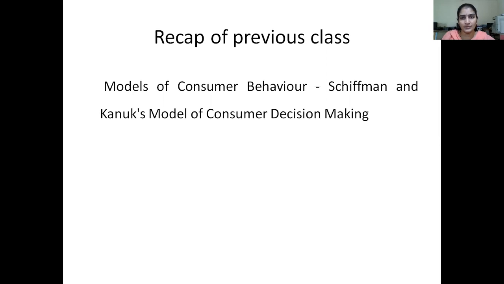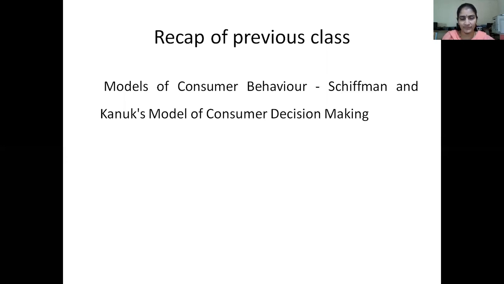Now, before exactly starting today's topic, let us first recap what we discussed in our previous class. In the previous class, we discussed models of consumer behavior, and in those models, particularly Schiffman and Kanuk's model of consumer decision making.